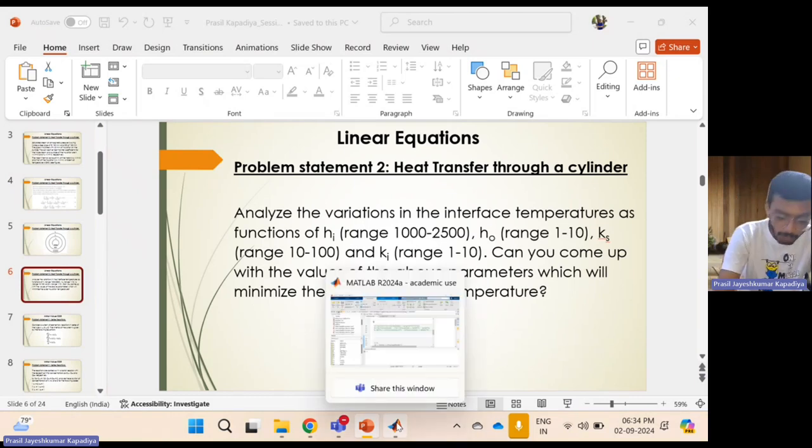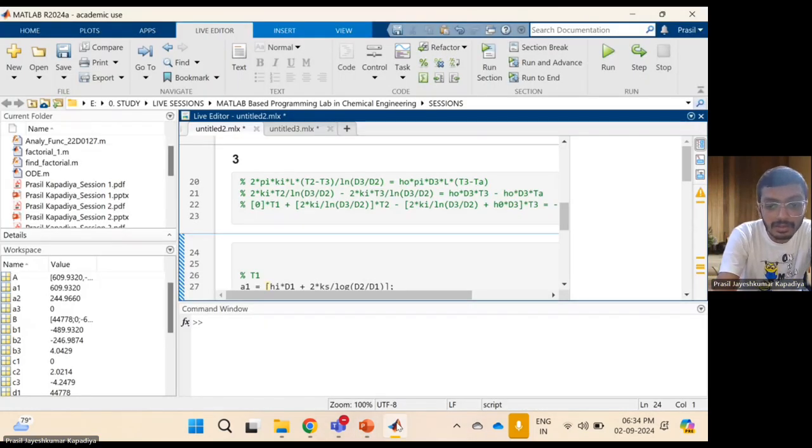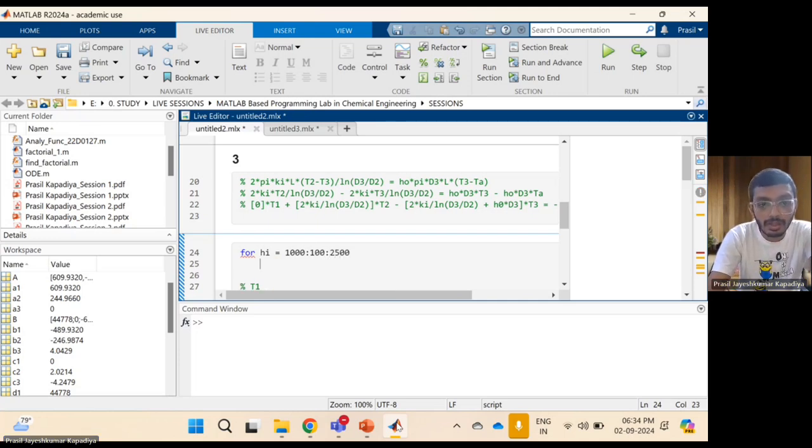So I will write down 4 loops. For HI is equal to what value? 1000 to 2500. Let's say we are going in interval of 100. Then for H naught, it is given from 1 to 10. So let's say 1 to 10 in interval of 1. For KS, 10 to 100 is told. So let's say from 10 to 100 in interval of 5.